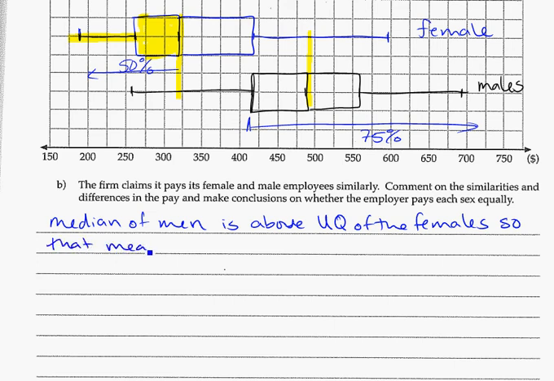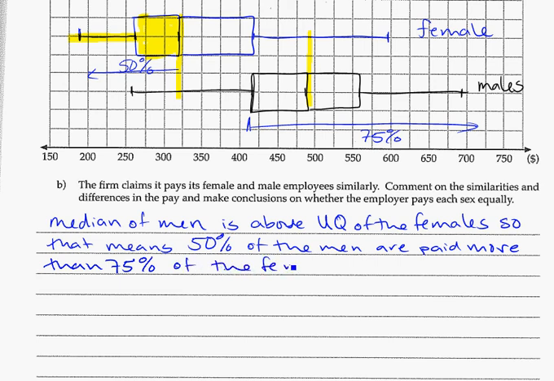That means 50% of the men are paid more than 75% of the females.